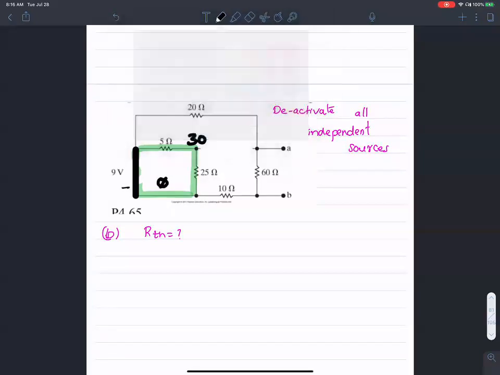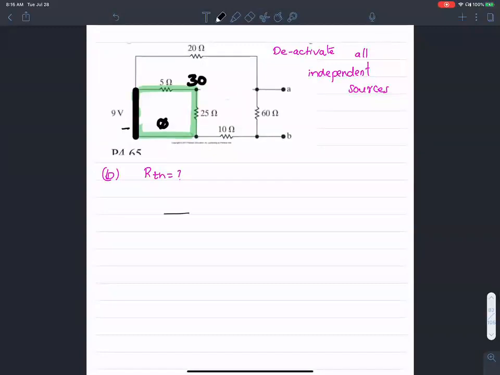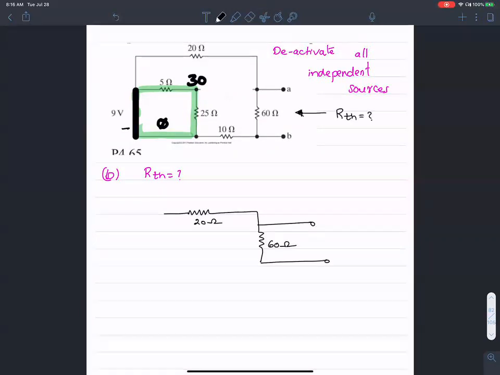If I simplify this circuit, I'm going to end up with something that looks like so: 20 ohms on the top. And I'm interested in finding the resistance that appears over here, 60 ohms, looking in through these nodes. It's not 60, it's something in combination with 60.